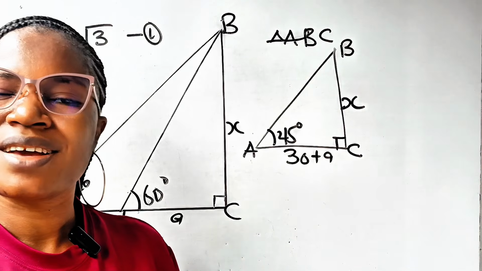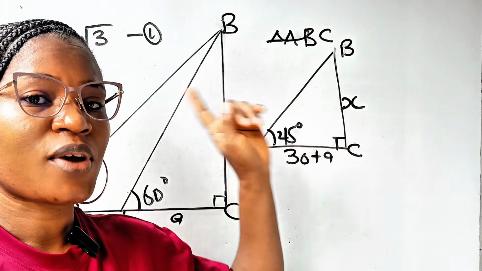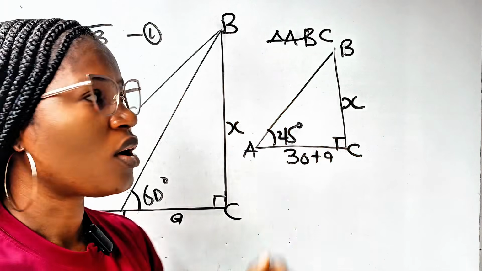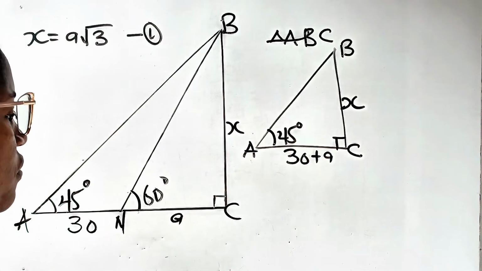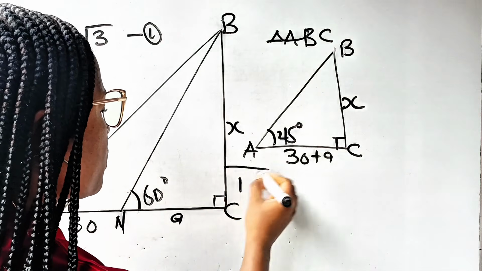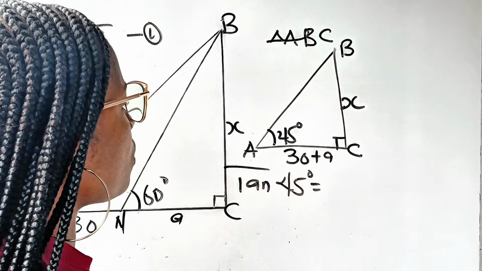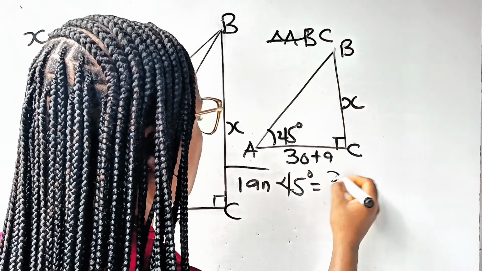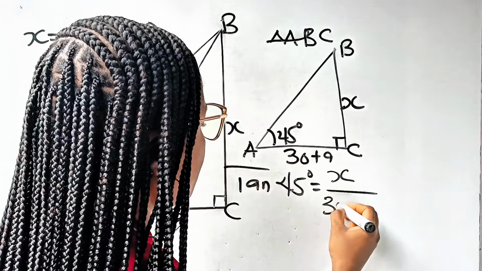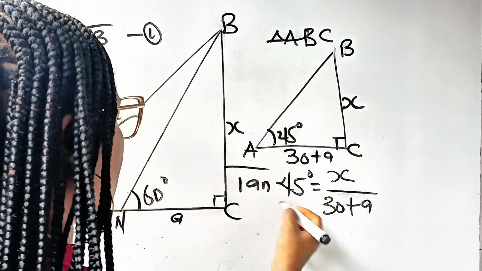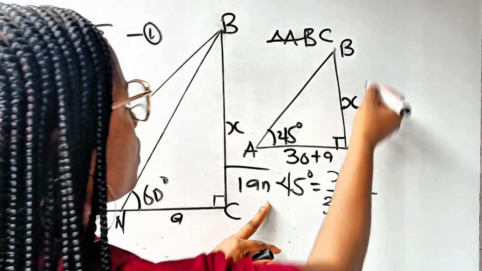Okay, so applying the same rule that we applied in the first step, we find tan of 45 degrees. So tan 45 will be equal to, opposite is x and adjacent is 30 plus A. So tan 45 is 1.